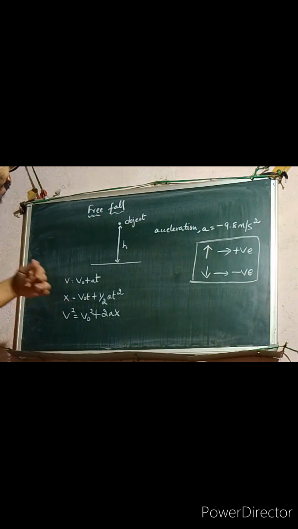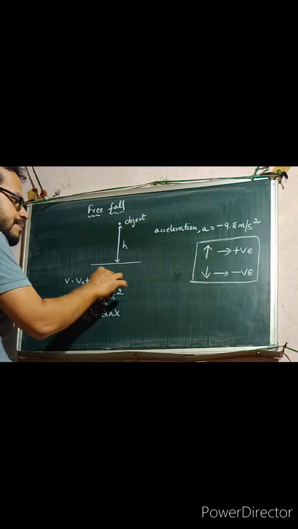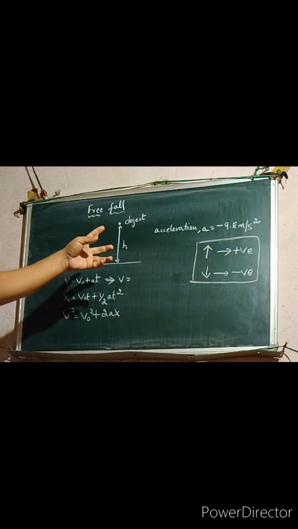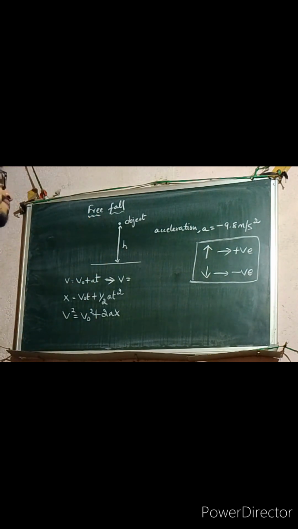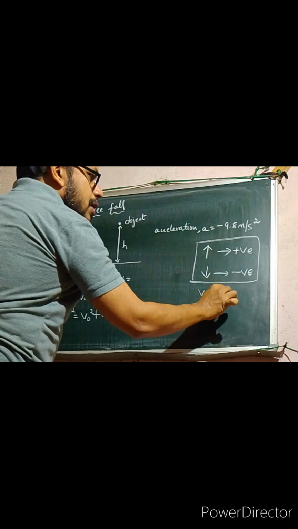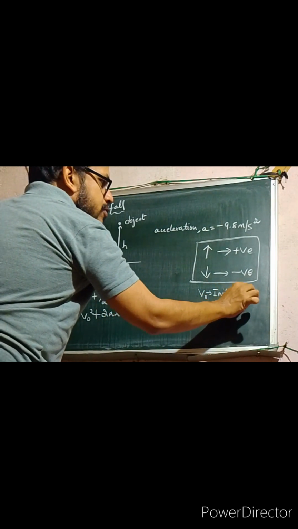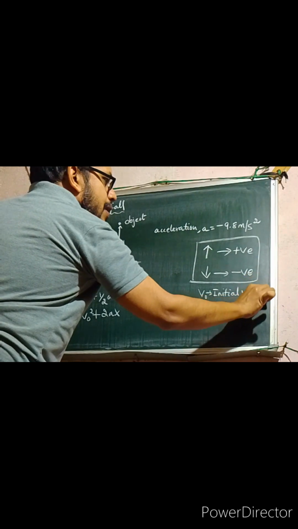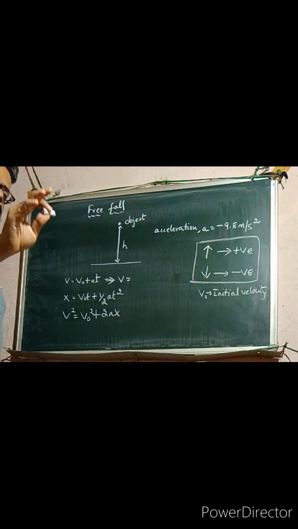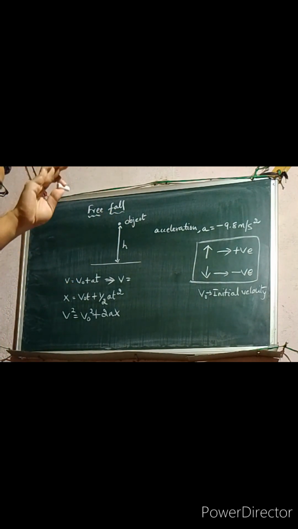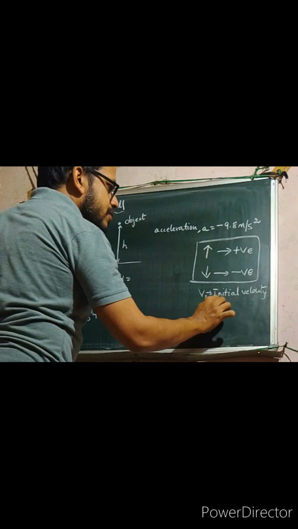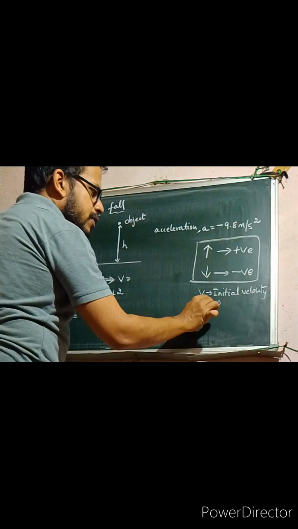So here the first equation will become v equal to v naught plus at. V naught is nothing but the initial velocity. The initial velocity is when the object is at rest, before it just starts falling down. That is equal to 0. V naught is equal to 0.